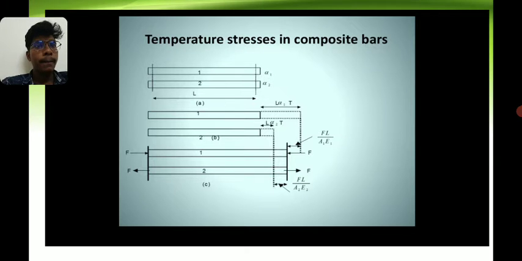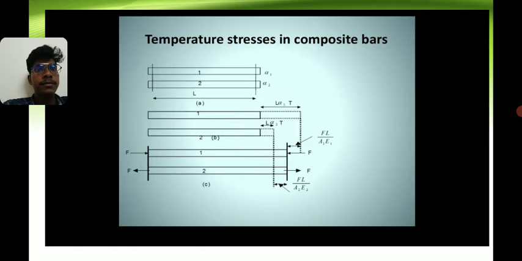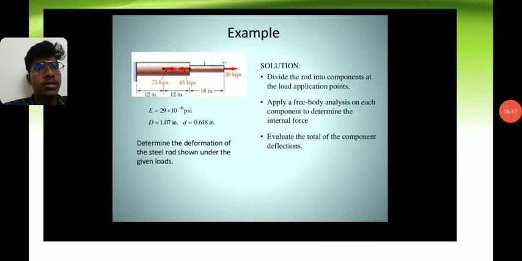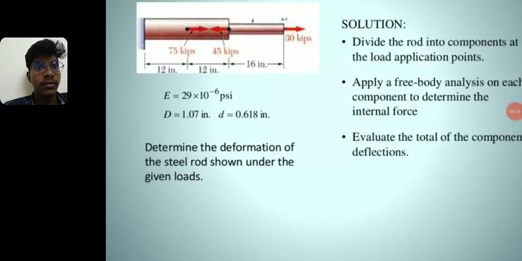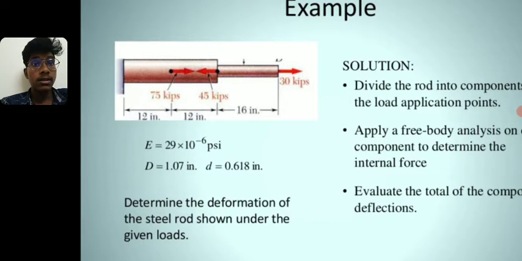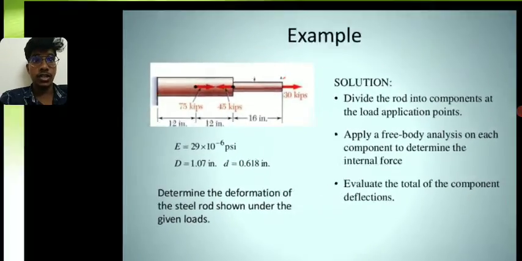Now, temperature stress in composite bars. As we can see in this solution, we have 30 kilopascals, 45 kilopascals and 75 kilopascals as the loads acting on it, with lengths of 12 inches and 16 inches.